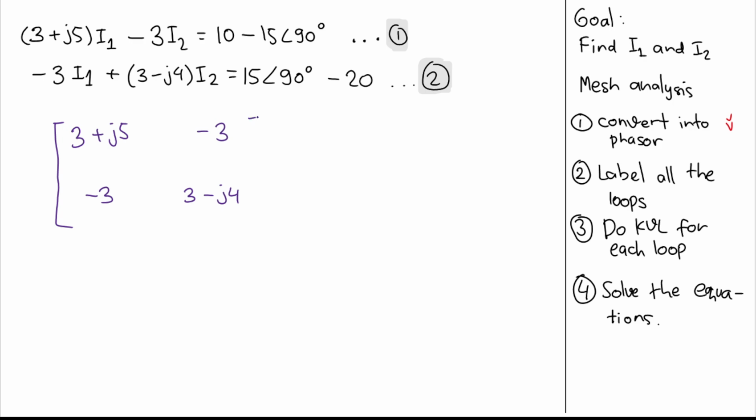Then we can take out I1 and I2 here as a vector. So we will have I1 and then I2.